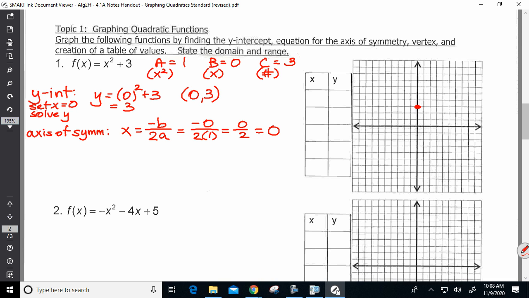So your axis of symmetry is x equals 0. That's the dotted line. So x equals 0, go to your x-axis, put your dotted line, or solid line. Again, I personally don't care what version you use. As long as there's a line going through it, I don't care if it's dotted or solid.